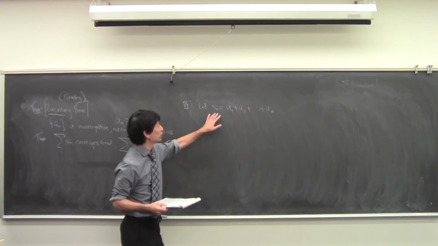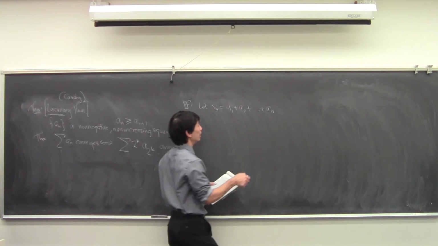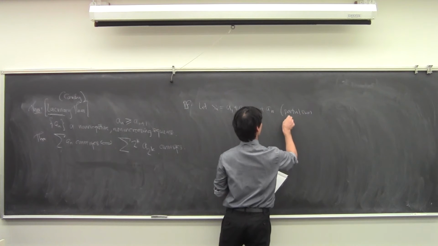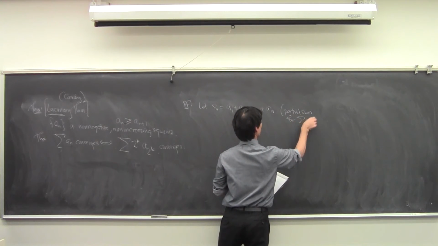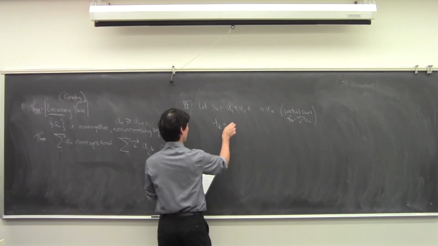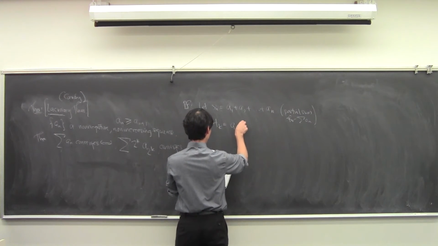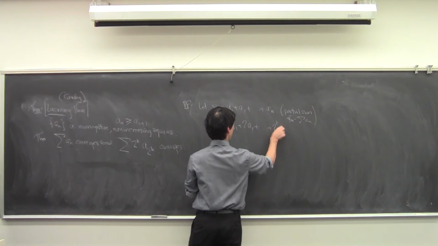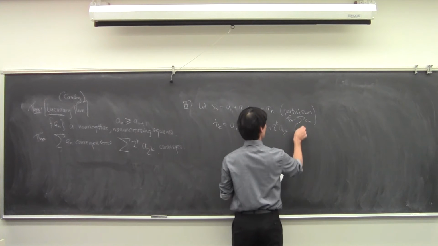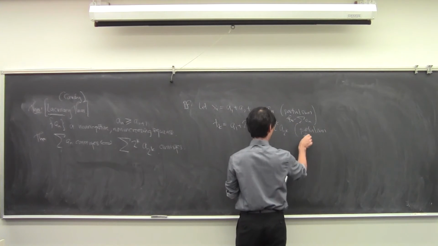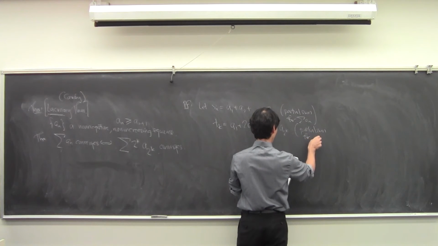So the partial sum for the a sub n's, and let T sub k be a1 plus 2 a2 plus up to 2 to the k times a sub 2 to the k. So it's a partial sum for the other sequence.